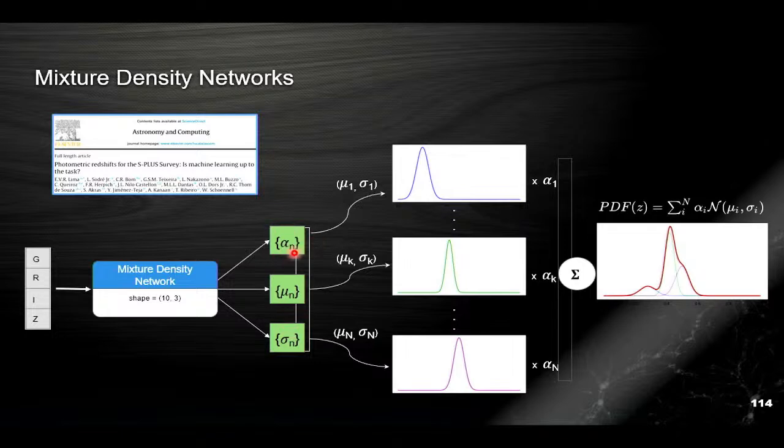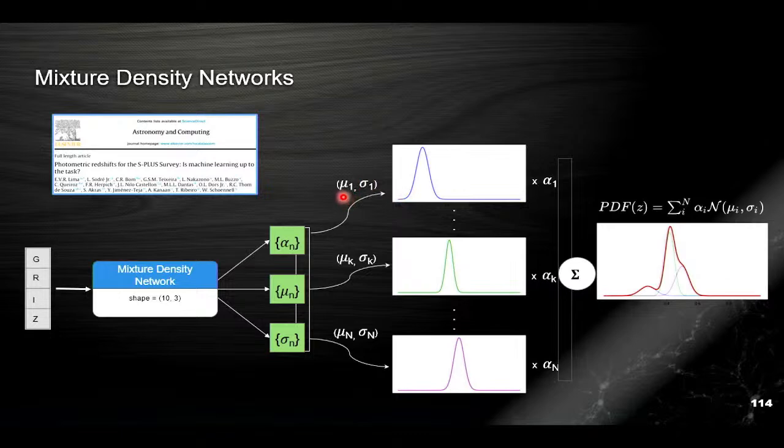So one of them will be a weight, one will be the mean, and one will be the variance. These two define a Gaussian, and this one defines the weight of the Gaussian. So you can, for instance, say I want the output to be a combination of three Gaussians. Okay, so I will predict the weight of each Gaussian.